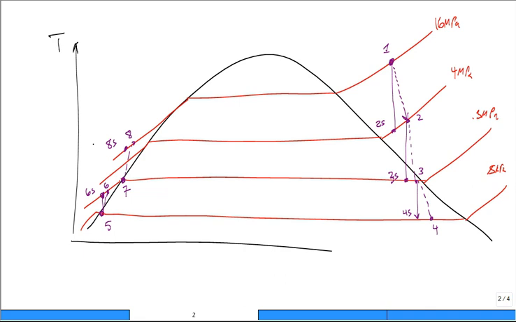So it's at this temperature, but that pressure. True? So I know I did a bad job here, but there's state 9. Sorry. Supposed to be straight across right here. That's the saturation temperature at 4 megapascal.